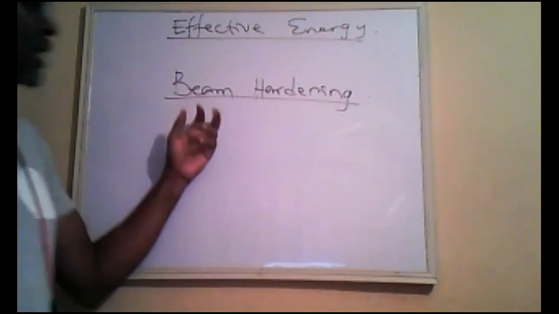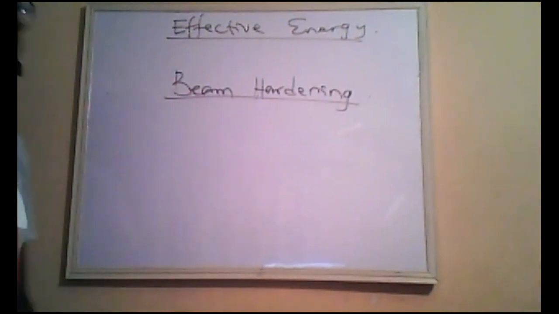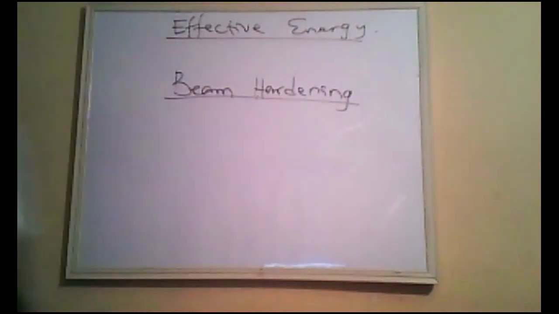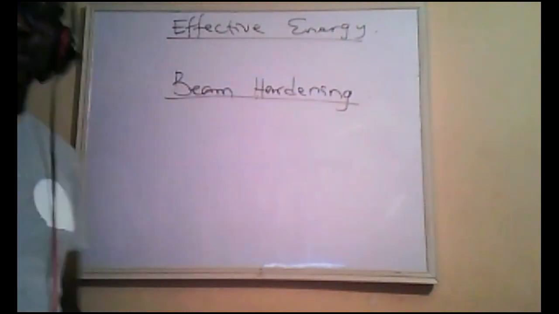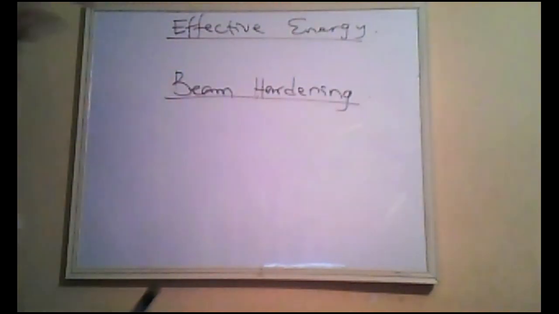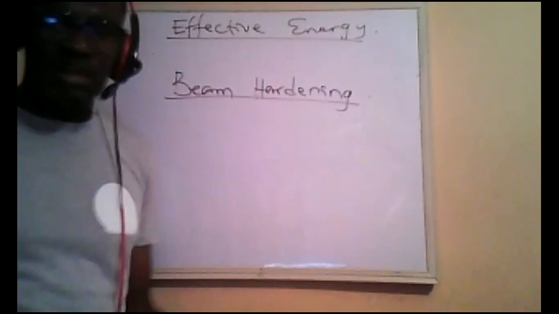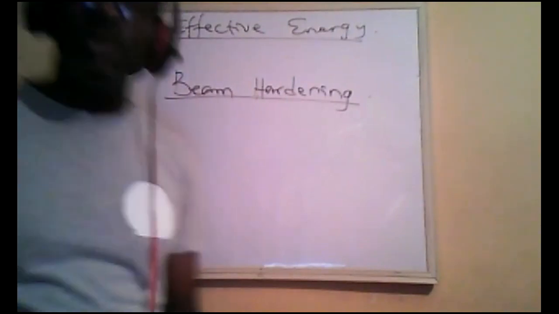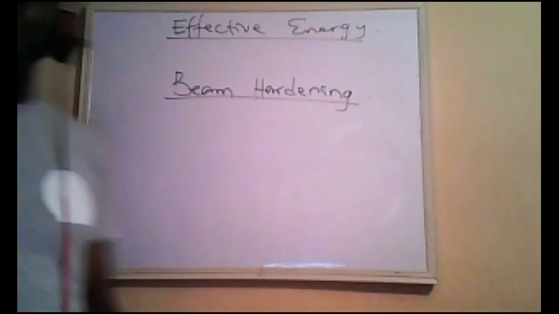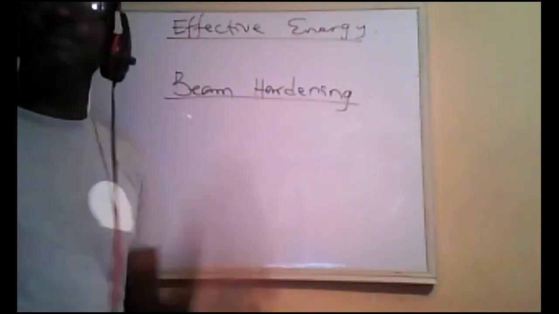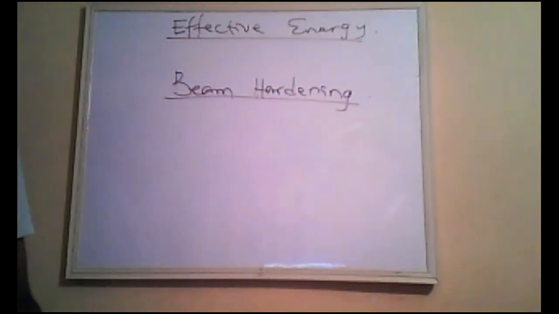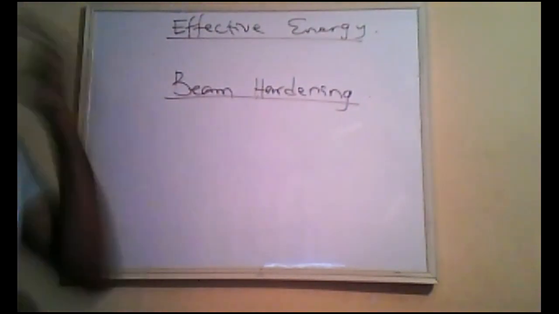So because of that, the lower energetic rays have to be removed by use of a special thickness of aluminum and at times copper. Those thicknesses can be 5 millimeter, 1 millimeter, or 2 millimeter, depending on the type of machine we are using. With the introduction of those filters, the energy of the beam becomes higher.